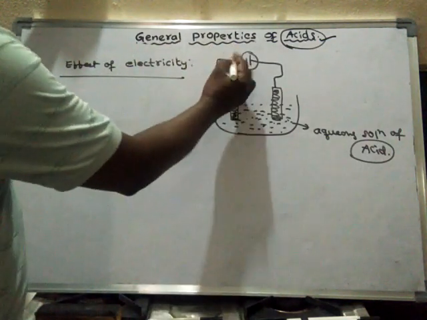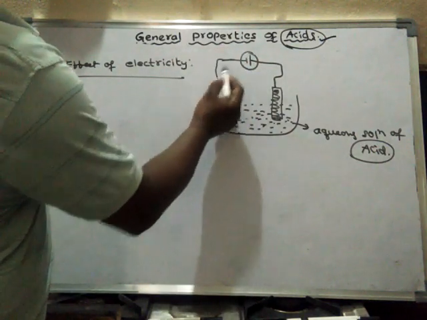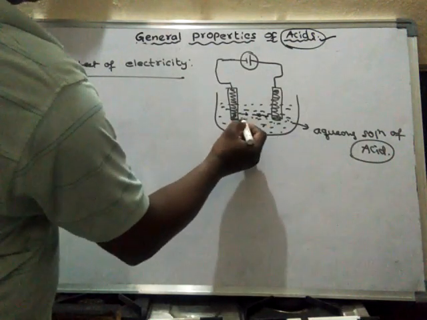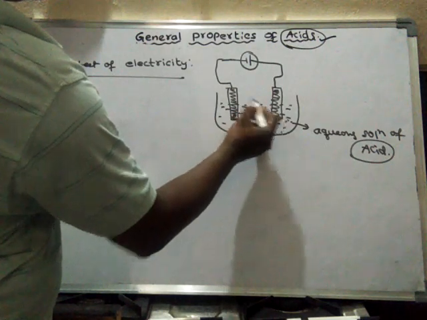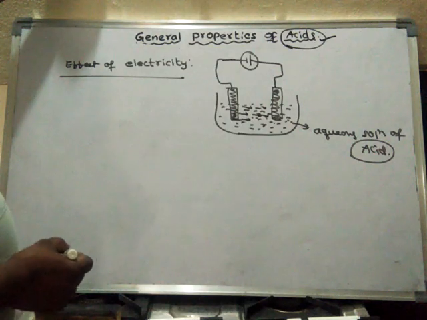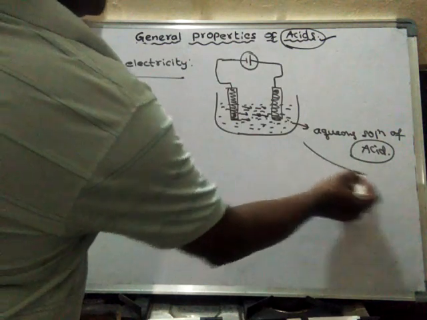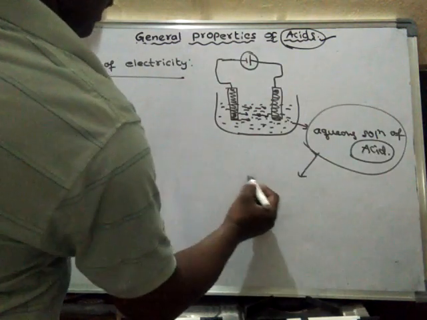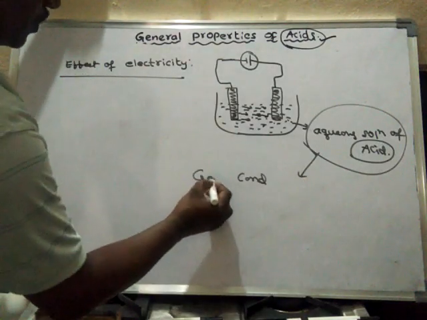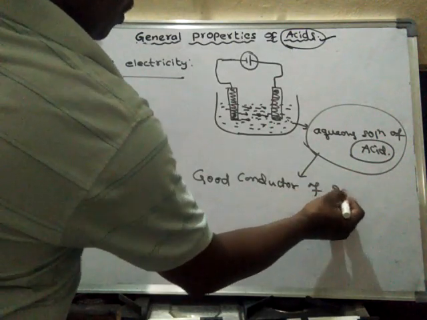If you switch on the battery, what happens? The aqueous solution of acid will conduct electricity. That means the aqueous solution of acids acts as a good conductor of electricity.